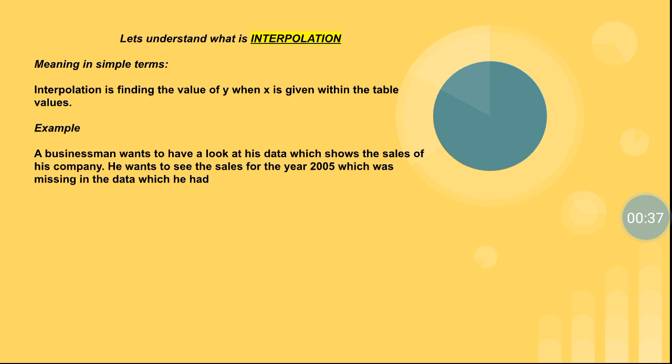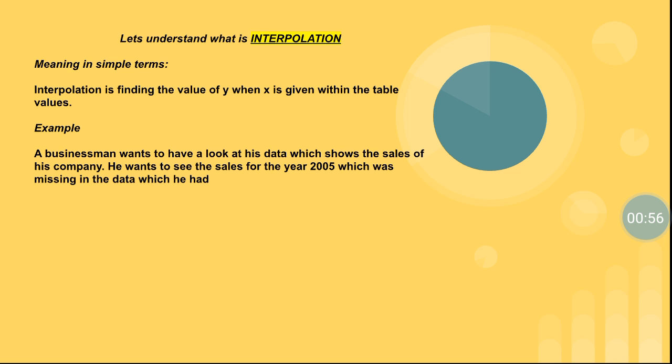That is, interpolation is obtaining the value of the function y equals f of x for any given value of x which lies within the table from x0 to xn.